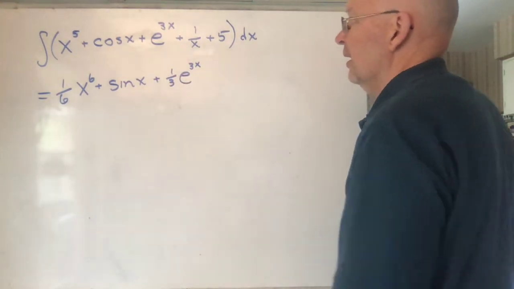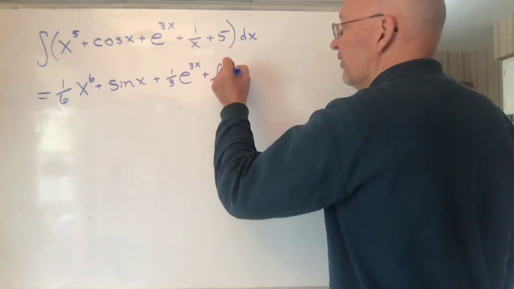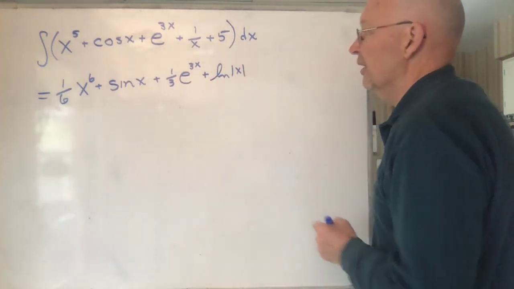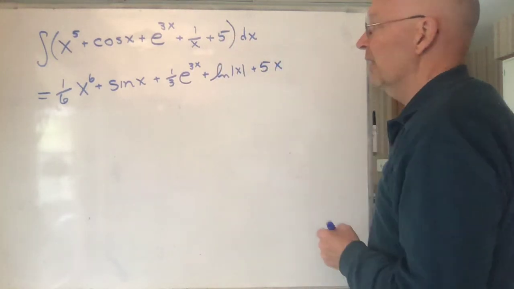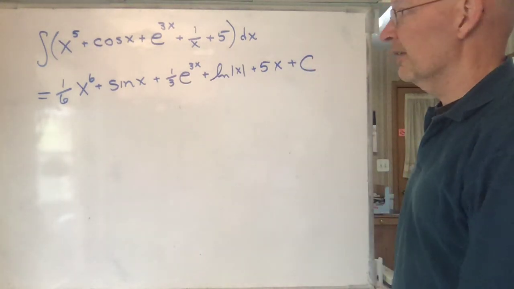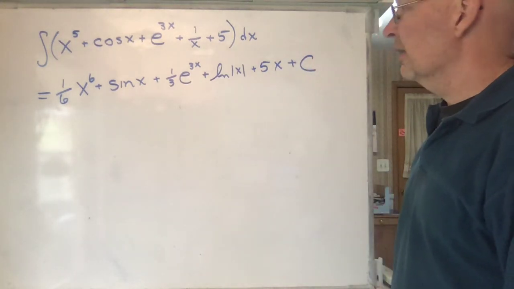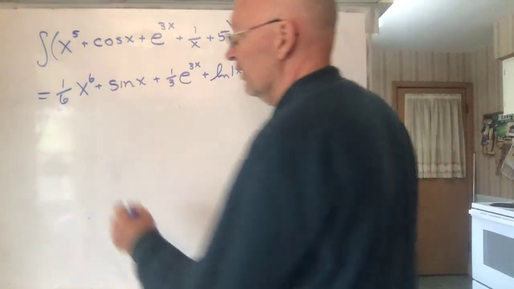We have the antiderivative of 1 over x, we just said, is the ln of the absolute value of x. The antiderivative of 5 is going to be 5x. And then you always throw on your c just to indicate that you can throw any constant on there at all, and you still have an antiderivative of that. Okay, so that's the idea.